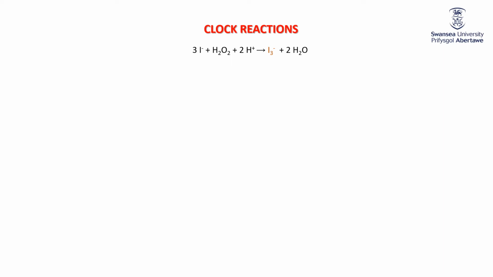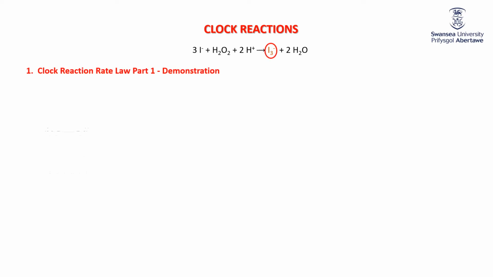Now the reason why I've got the triiodide anion in that orangey brownish color is because if it's iodine with an iodide stuck on it, then it's going to have that orangey color that iodine has. And that's one of the things that we can use for studying the clock reaction.